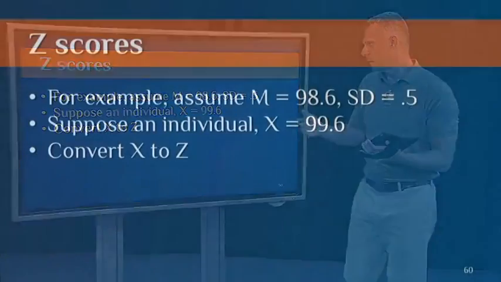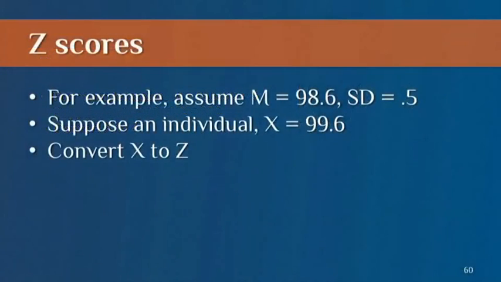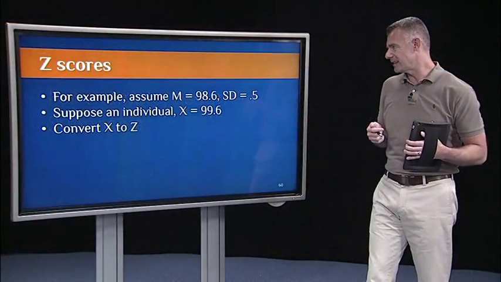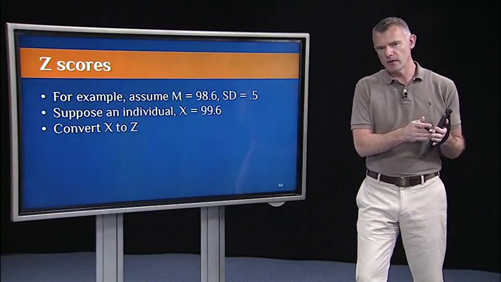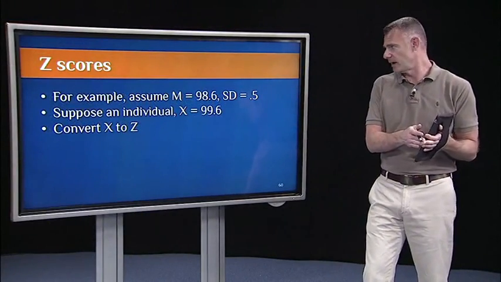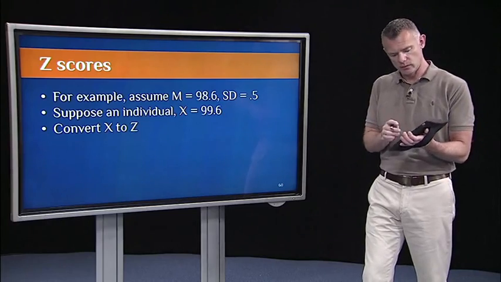So just to be clear, let's assume we have a normal distribution of healthy individuals where the mean body temperature is 98.6 degrees Fahrenheit and the standard deviation is about half a degree, so 0.5. Suppose I pick one individual from that distribution at random, and that individual's body temperature is 99.6 degrees. Now I want to convert that raw score, that X of 99.6, to a Z-score.